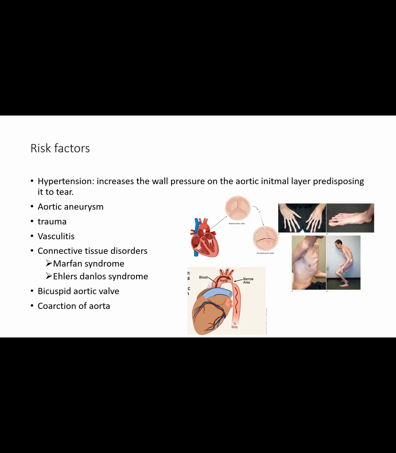And another cause is trauma, for example a surgical procedure like cardiovascular surgery, or a car accident, or a valve repair during surgery; as a trauma it can also cause dissection.